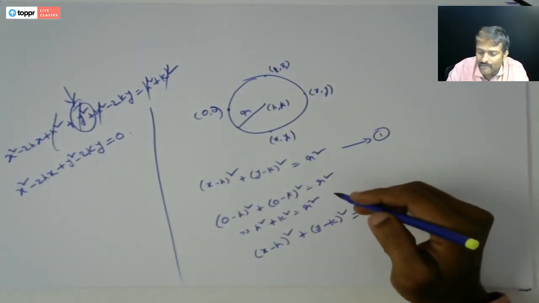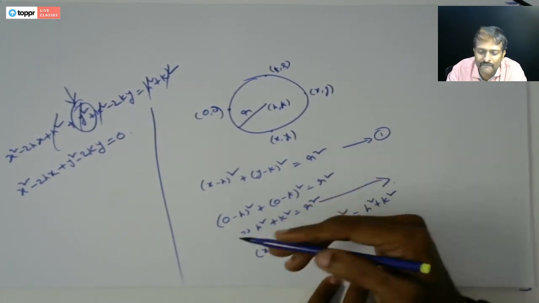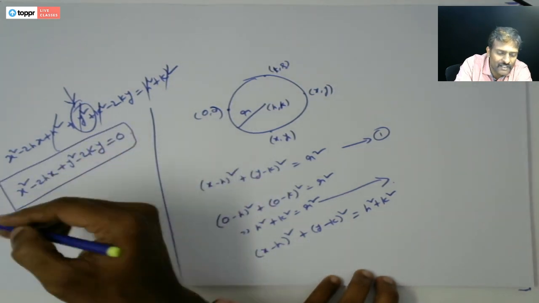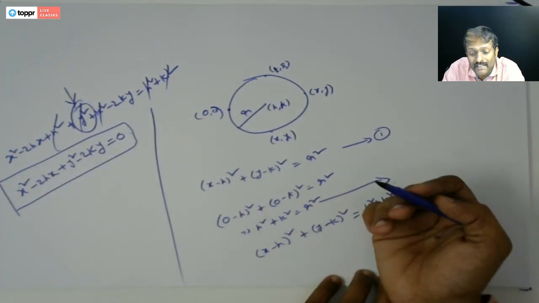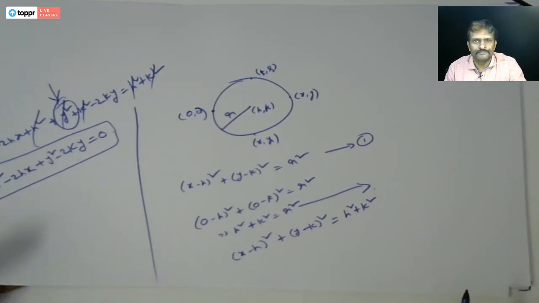Like we have calculated the radius r of the circle in terms of h and k, and this will be our special equation of the circle when it is passing through the origin. That is clear, right?